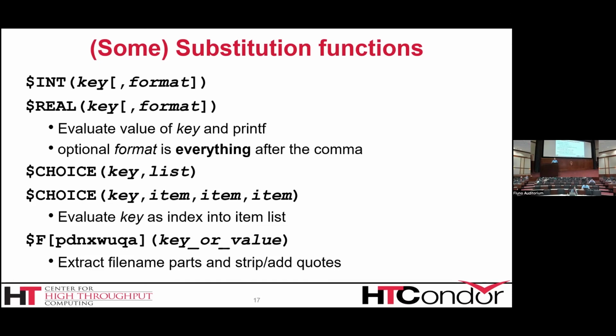These last three: print with Unix path separators, print with Windows path separators for W, and then Q and A are quote the resulting value. Q is double quotes and A is single quotes. And this makes sense if you live inside my head.